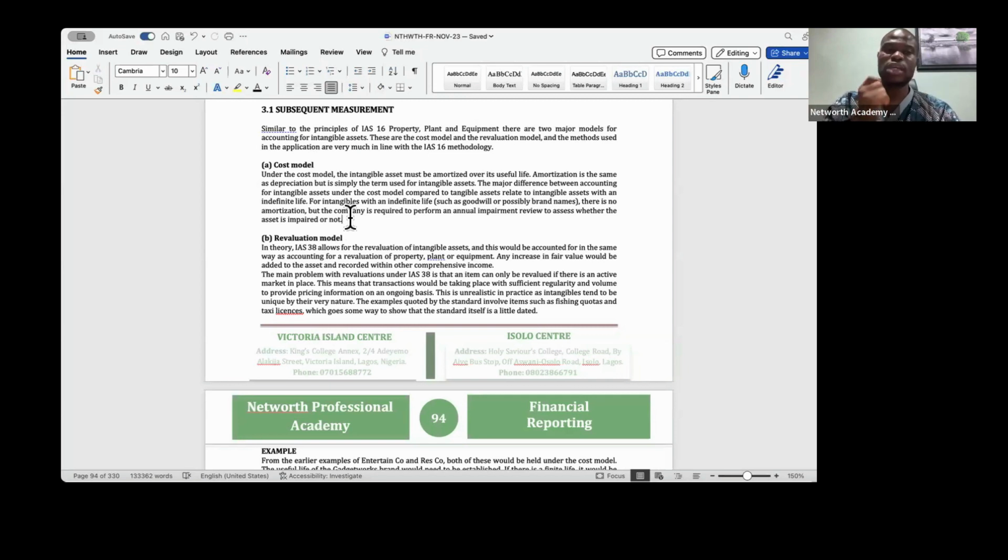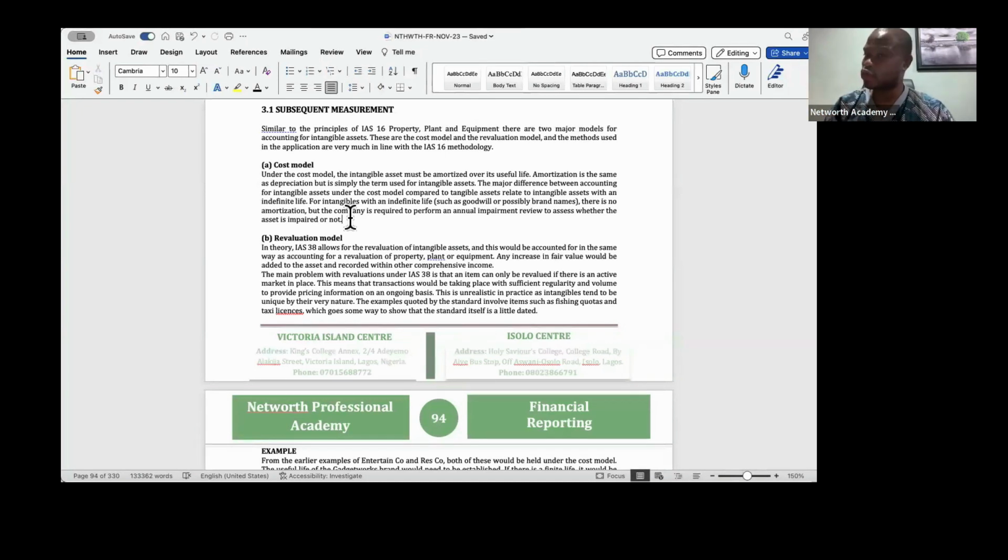When an intangible asset has an indefinite useful life, you do not amortize it. What you do then is that you are going to test them for impairment annually. That's what you do for an intangible asset with an indefinite useful life.